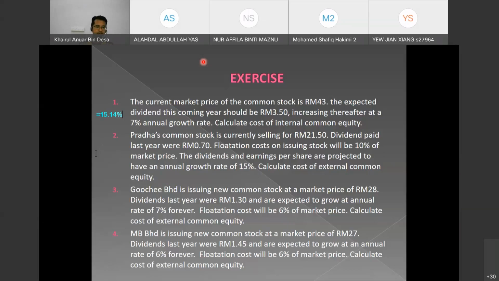We go to the second one. I would like to call Nur Atirah Farhana Zulkarnain. Nur Atirah, are you here?